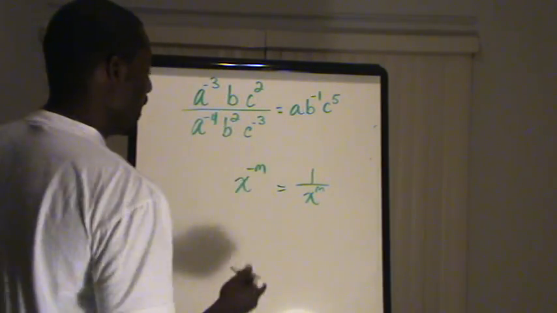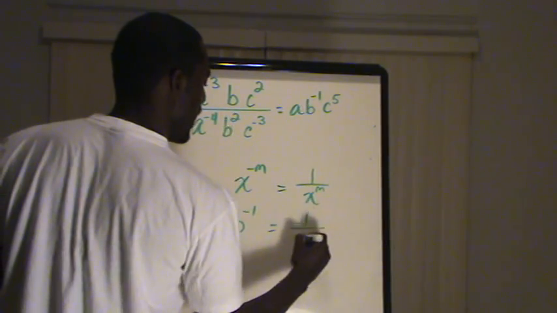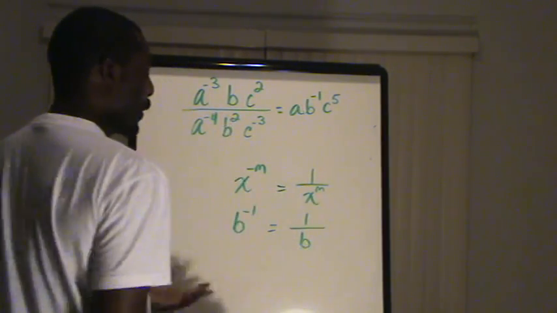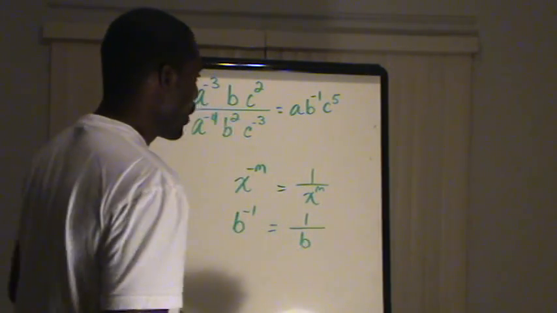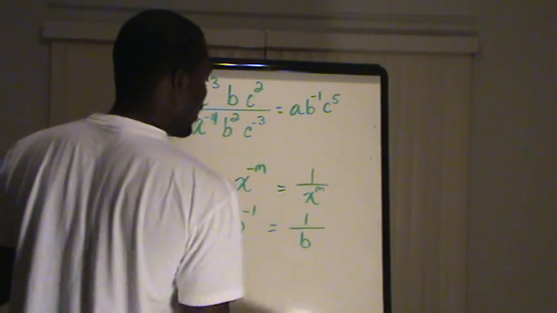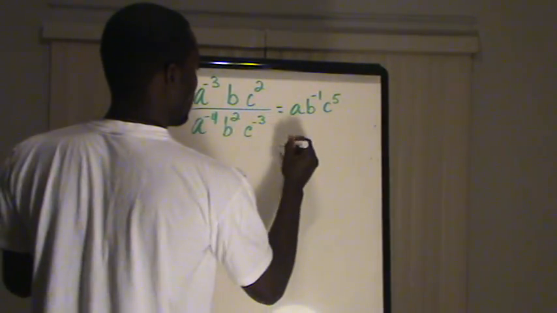So that's the same case with b to the negative first power. This is actually 1 over b to the first, which we drop out the 1 with the exponent, so this is 1 over b.